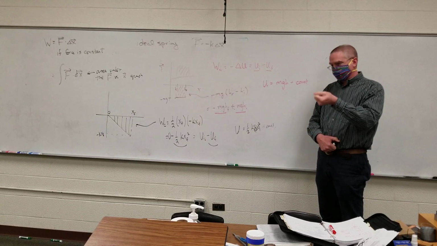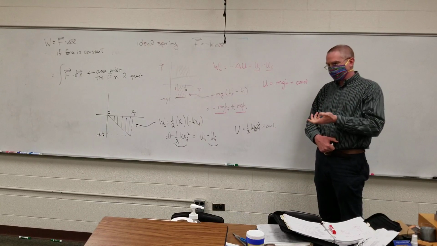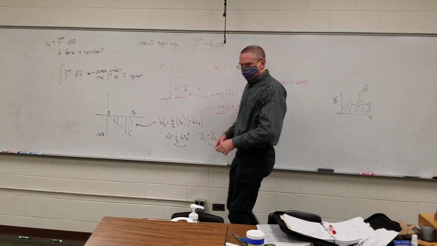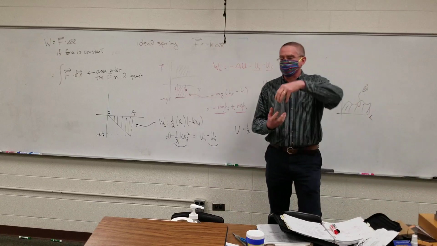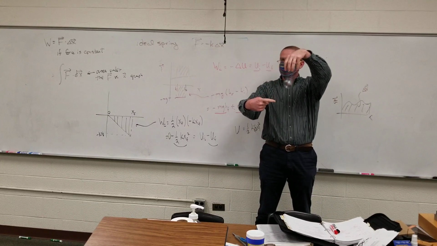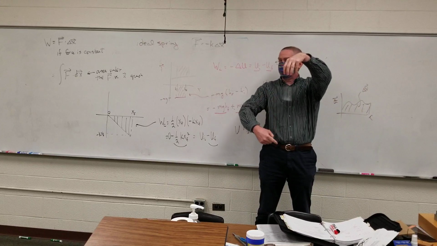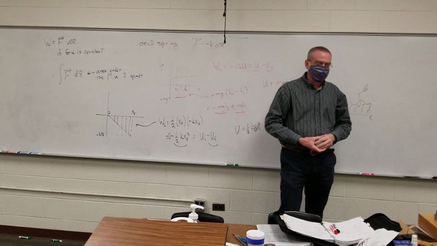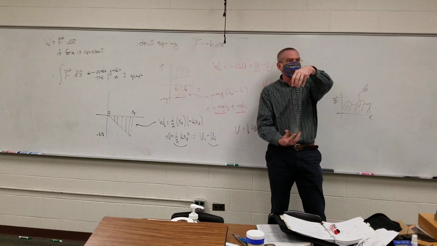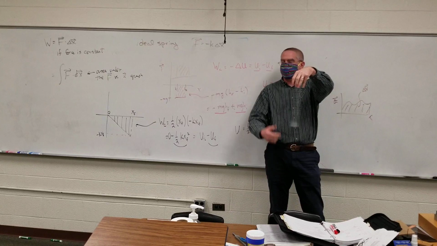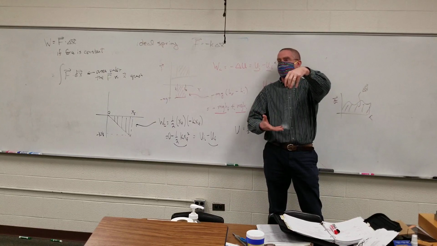If under the influence of a conservative force, an object ends up back where it started, the change in kinetic energy is 0. So this would exert a conservative force. If I attach a mass to it, hang it, pull it down like this and let go, whenever it gets back to, pick any point, the kinetic energy is the same no matter what, so that object is still moving the same speed every time it passes that point, regardless of which way it's going, that would be a conservative force. Now, obviously, a slinky's not quite conservative, the fact that it will eventually stop if I just let it keep going. But it maintains it long enough for us to make this a decent approximation.